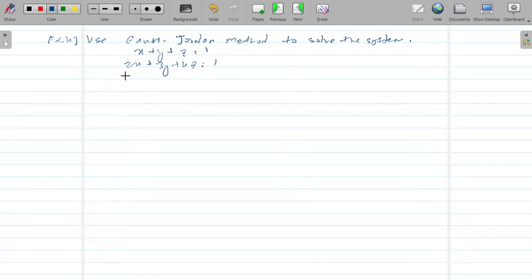The last equation is x minus y minus z is equal to 0.